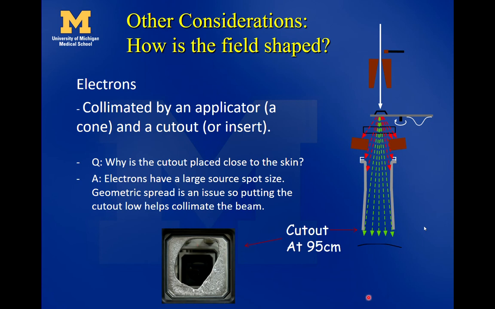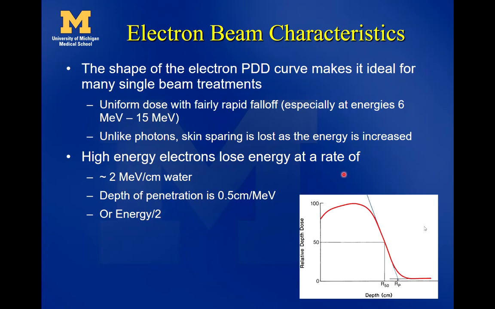And this is also why when we do patient setups, we always say that 100 SSD is the optimal patient setup. Treating the same beam with the adjusted field size at 110 isn't as good, because within just that 10 extra centimeters that you've added, you'll get a little more geometric spread, and that electron beam edge isn't as sharp as it could be.